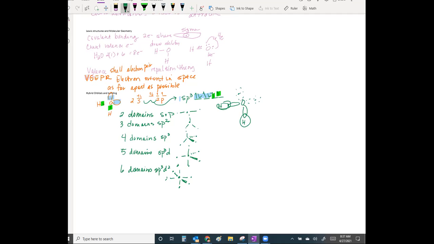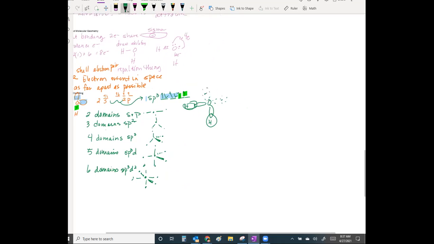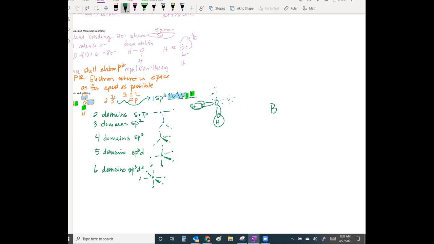Okay, so what if we have 3 domains? What if we do BF3? Boron is an exception to the rule. It can deal with only 6 electrons in the middle. So BF3 would look like this. Does it need sp3? Does it need all 3 p orbitals?